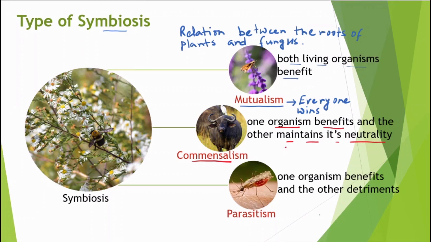Another good example of commensalism is the relation between the redwood tree and the orchid.